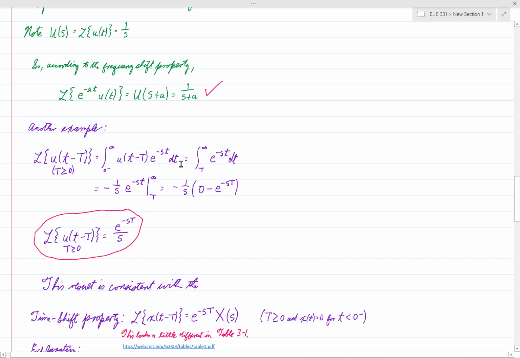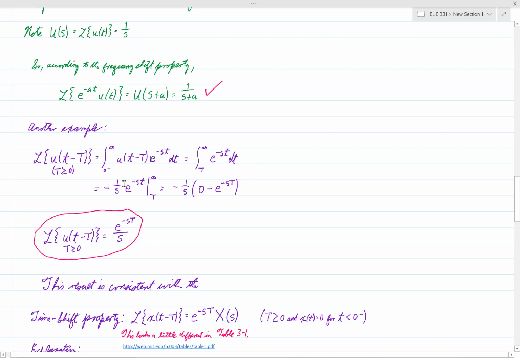And now we know that u of t minus capital T will be equal to 1 for little t greater than capital T, and 0 for little t less than capital T. So we can change the lower limit on the integral to capital T, get rid of the u of t minus capital T, and we have e to the minus st dt.